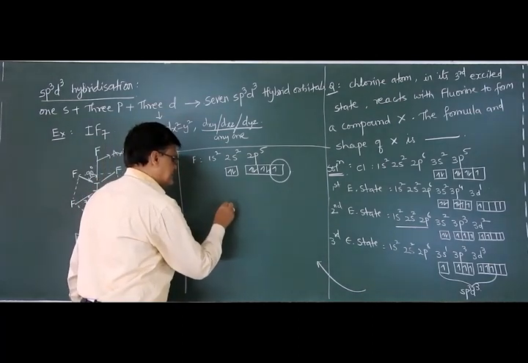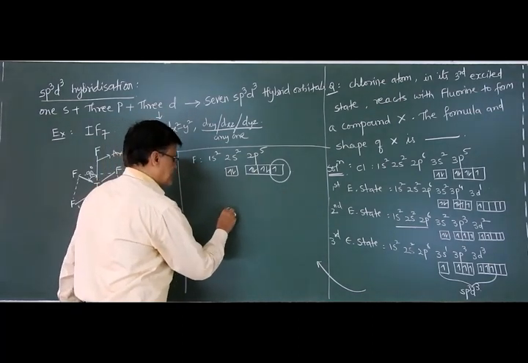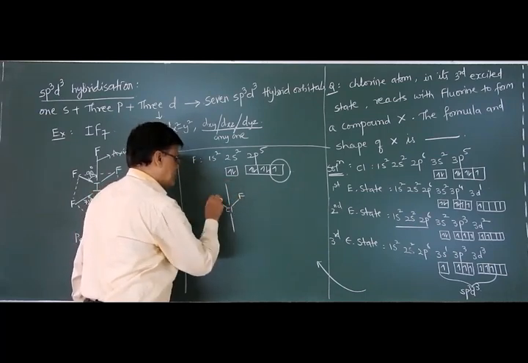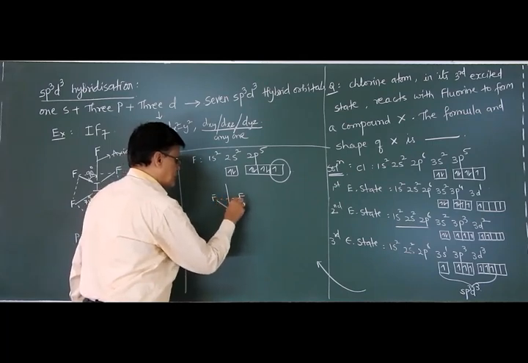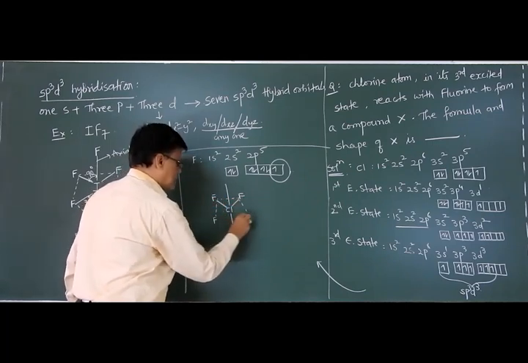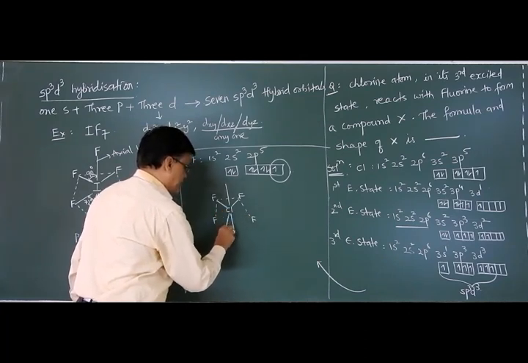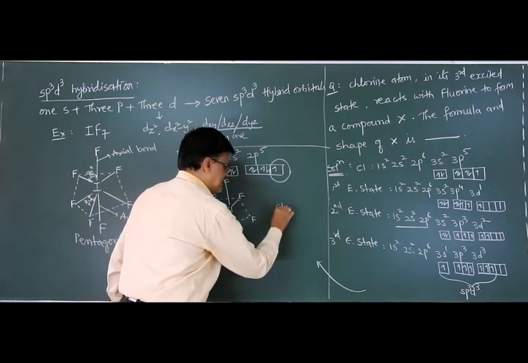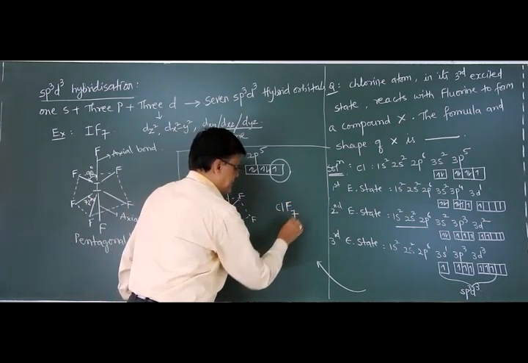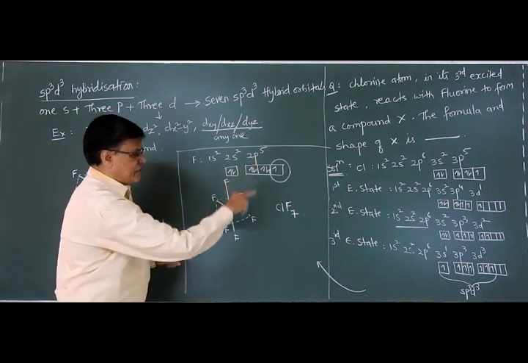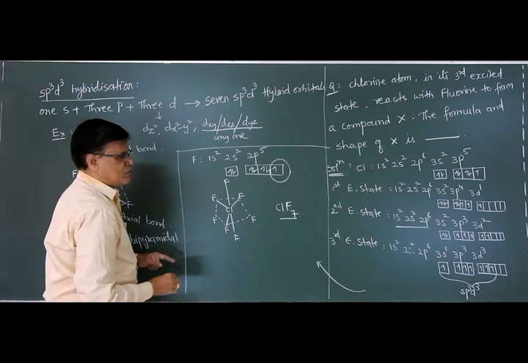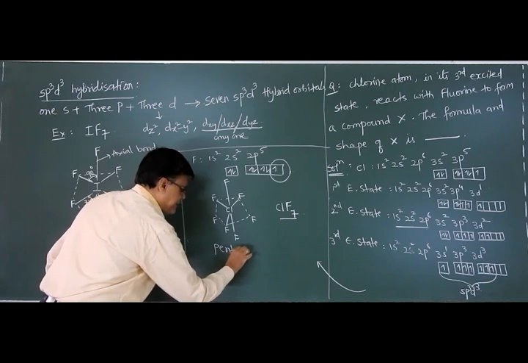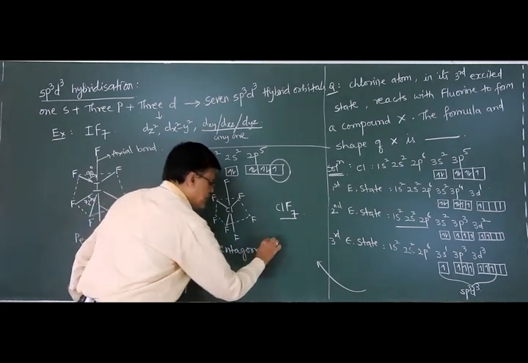The formula should be like this: Cl with one more fluorine, so the formula is ClF7. What is the shape of the molecule? The shape of the molecule is pentagonal bipyramidal.